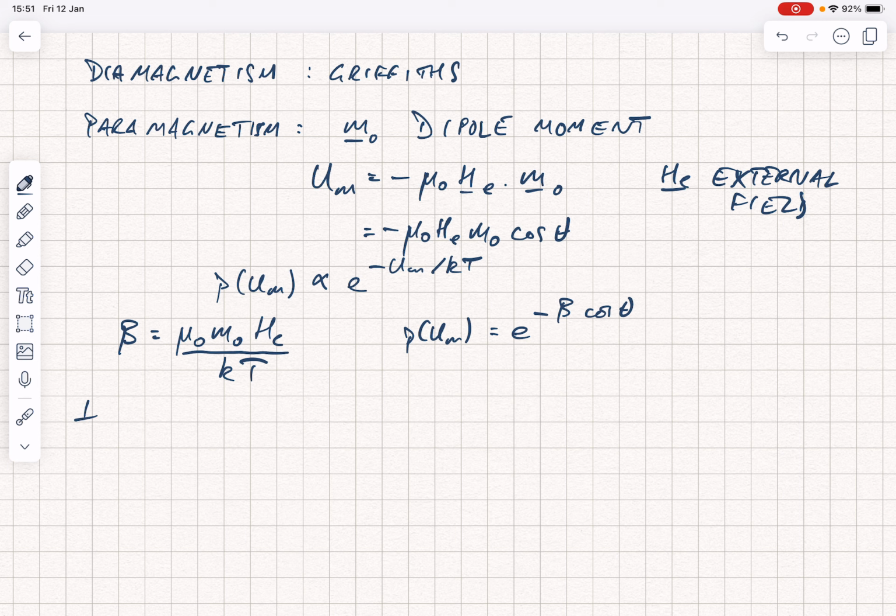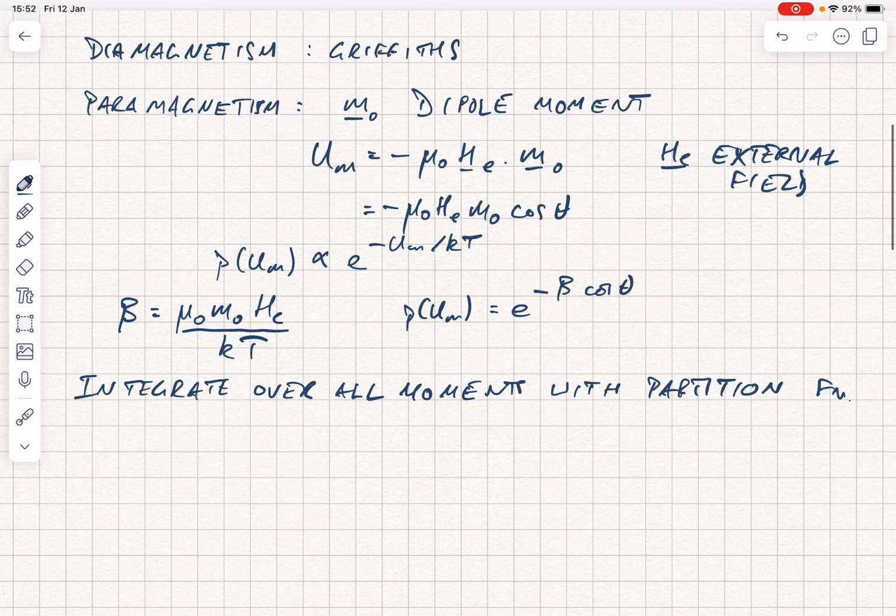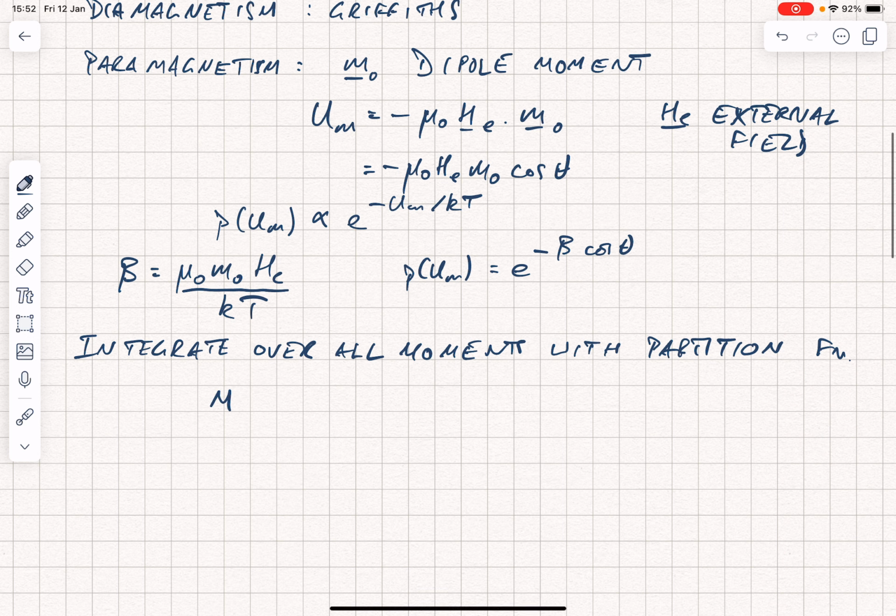Now, if we were to integrate over all of these moments in a sample using the partition function, then in the usual way, I'm not going to go through this because it gets quite tedious, then what we can show is that the magnetization M of the entire sample is given by the following.